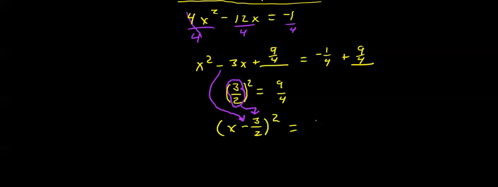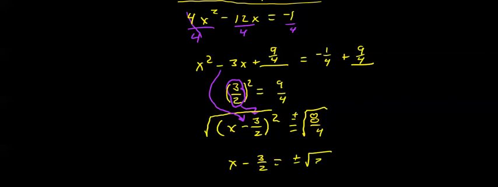Lucky me, 8/4, which is 2. Then I take the square root of both sides, plus minus the square root, and I end up with x minus 3/2 equals plus or minus the square root of 2.